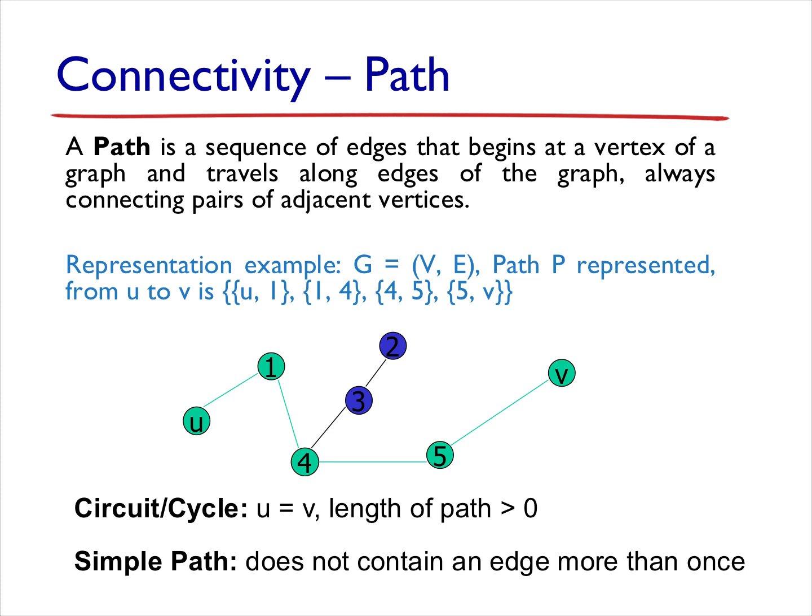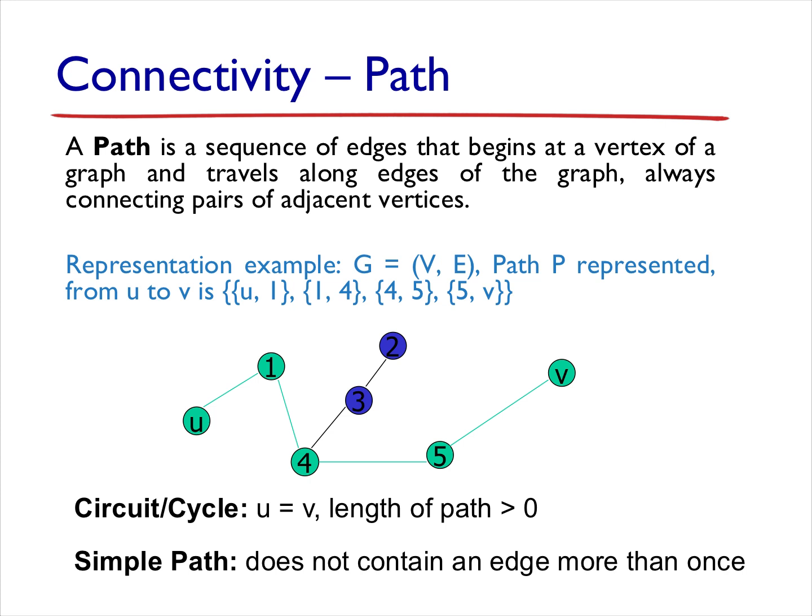So, for example, this is a path, right? U1, 4, 5, V. This is a path.